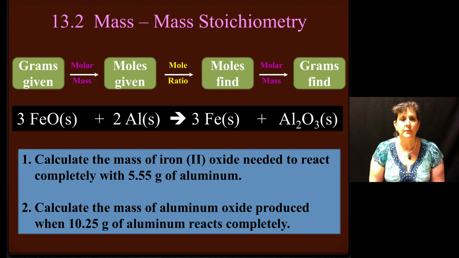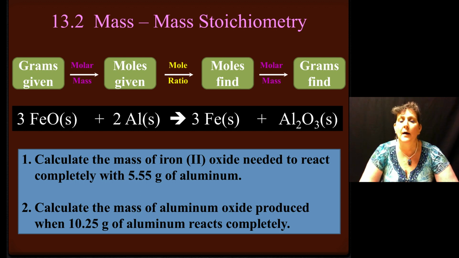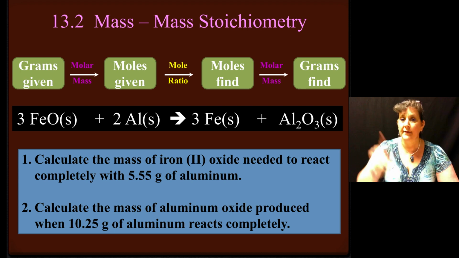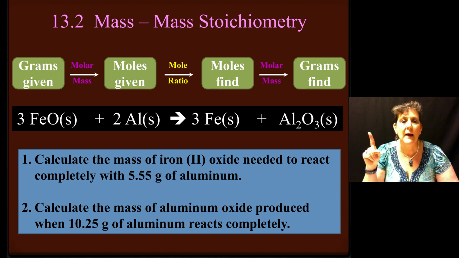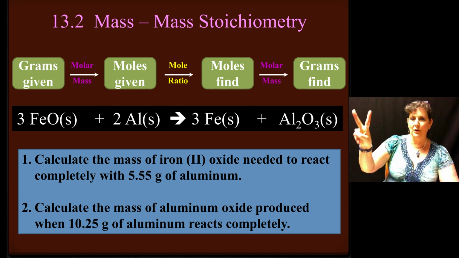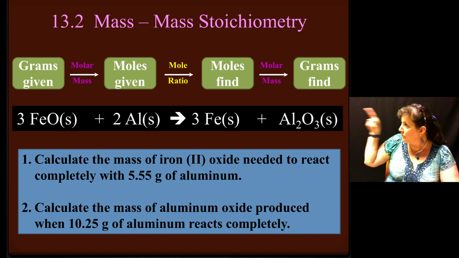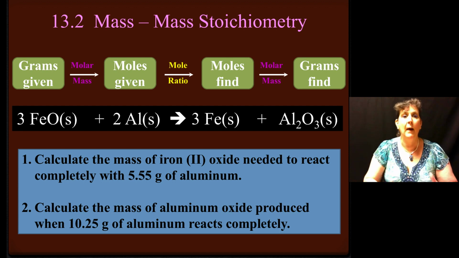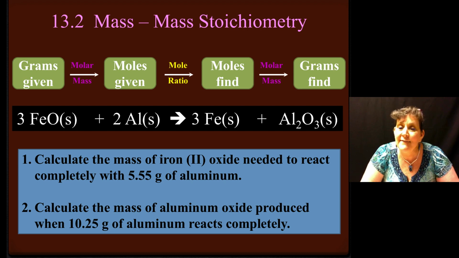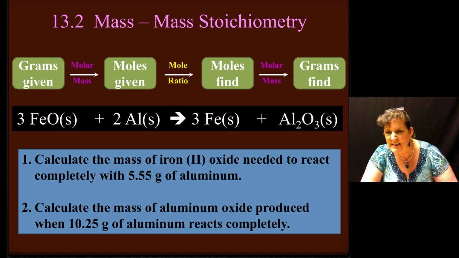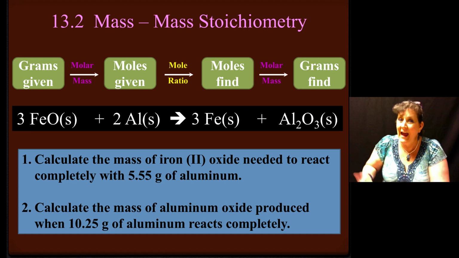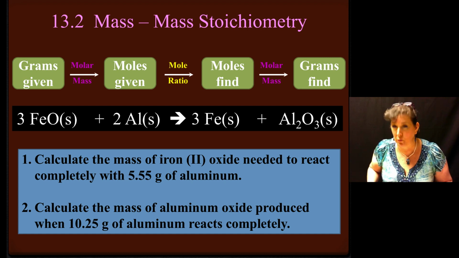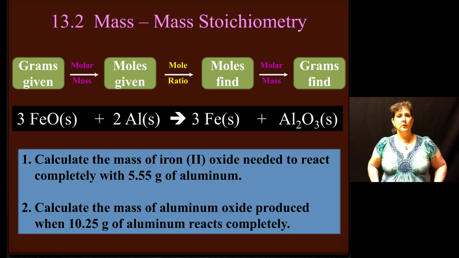Number 1, calculate the mass of iron(II) oxide, there's a chemical, needed to react completely with 5.55 grams of aluminum, there's a second chemical. 2 chemicals in a balanced reaction means it's stoichiometry, means there's a mole ratio in there. But what we're given now is more realistic because it's what we weighed out, and it's the grams of aluminum. So we're starting with grams of aluminum.